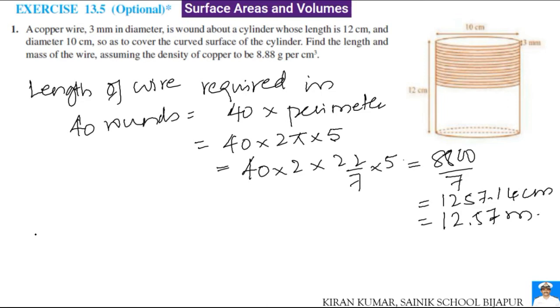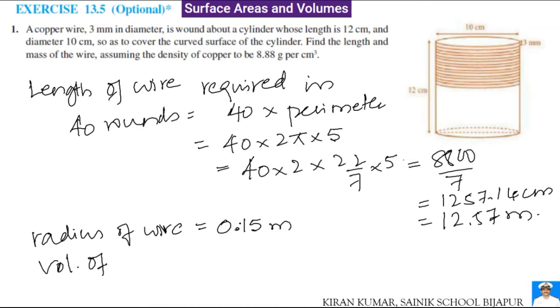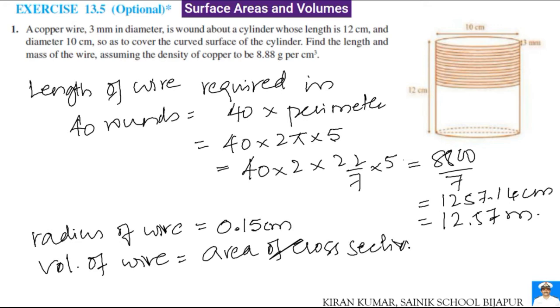They have mentioned the diameter of the wire, so the radius of wire is half of 0.3, that is 0.15 centimeters. So the volume of wire will be equal to the area of cross section into the length of the wire.